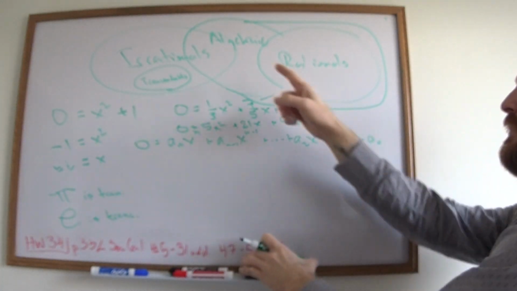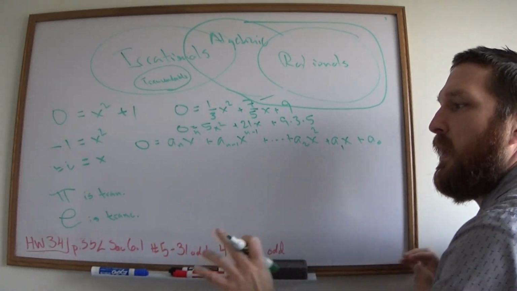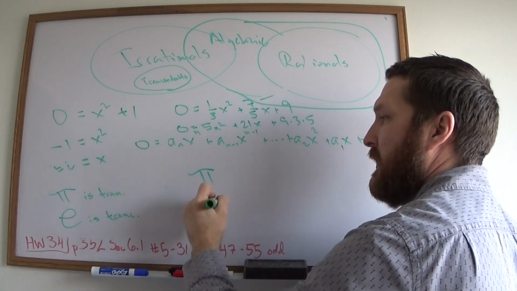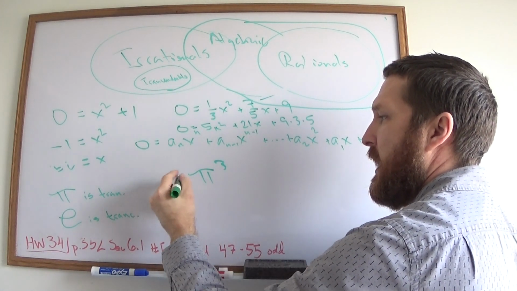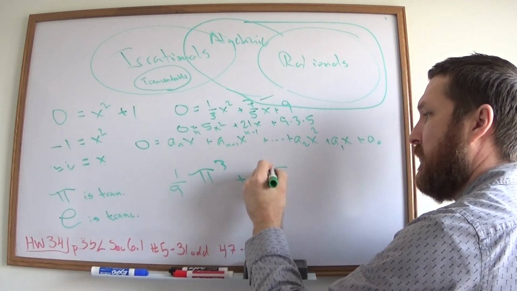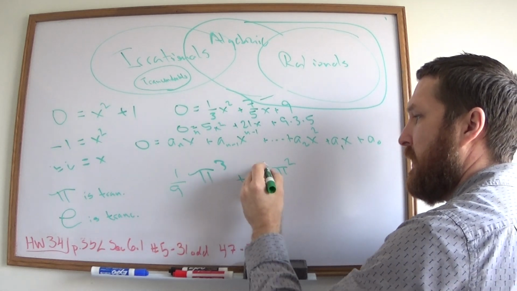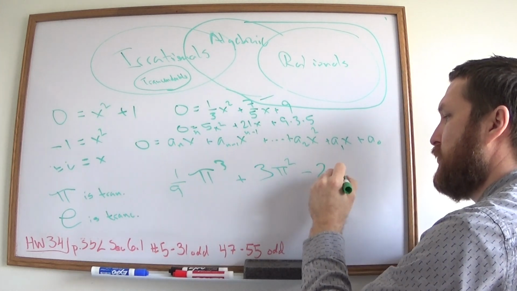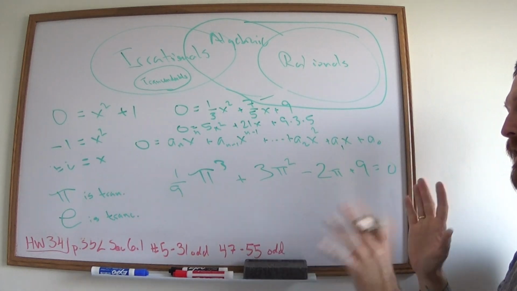All of the algebraic numbers can be taken care of that way. There's no way of taking a transcendental number and doing that. You cannot take pi and cube it, and then maybe divide by 9, and then add, square it and multiply by 3, and then hope to minus off 2 pi's and then add a 9 and get a 0. You ain't gonna get there.